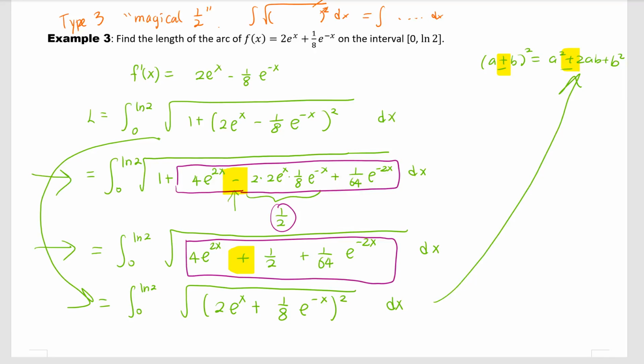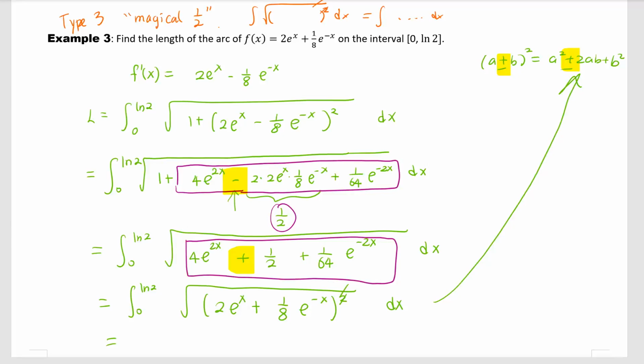Even though you know the result is going to be change the middle sign from minus to plus, you still need to show all your work. Because maybe you make a mistake with your coefficients and you actually don't get 1/2. So everybody, you need to show your work to receive full credit in the exam.